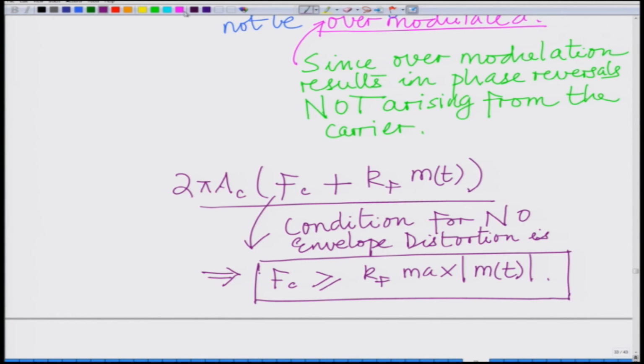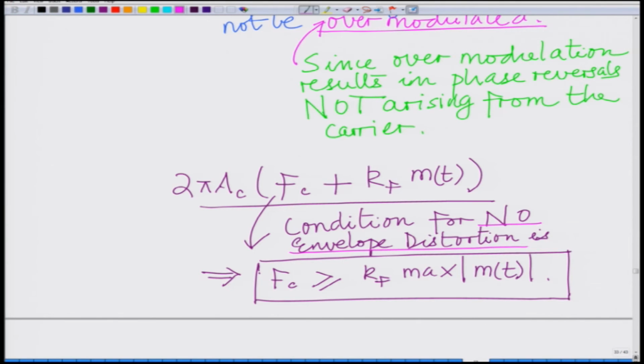Remember, this is the condition that we require for no envelope distortion, that is, f c, the carrier frequency, has to be greater than or equal to k f times the maximum magnitude of m t, the maximum of the magnitude of the message signal.